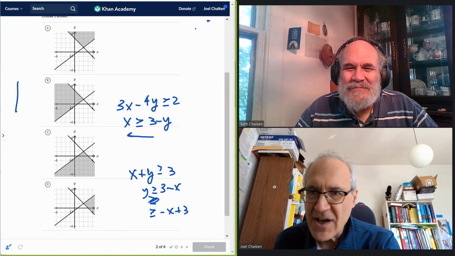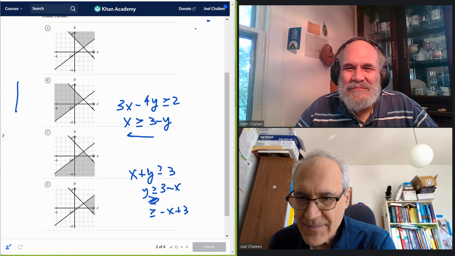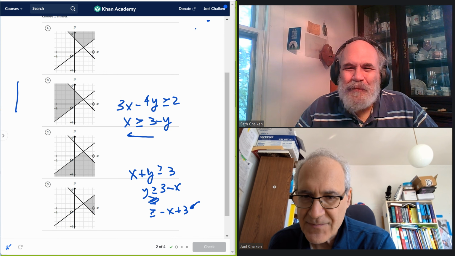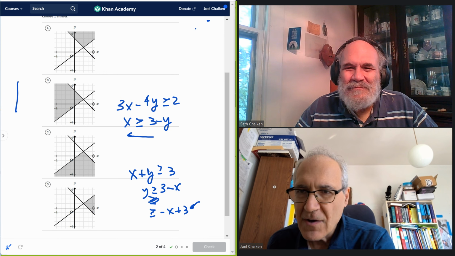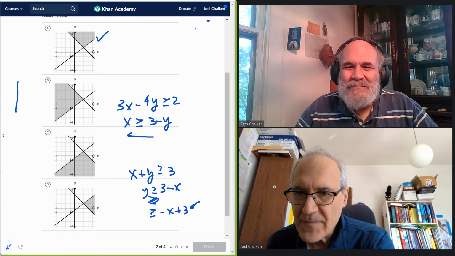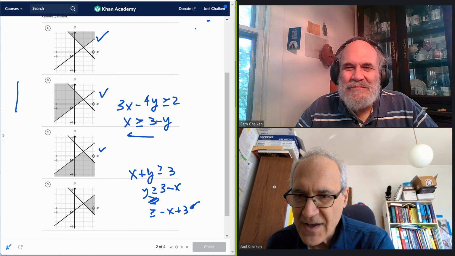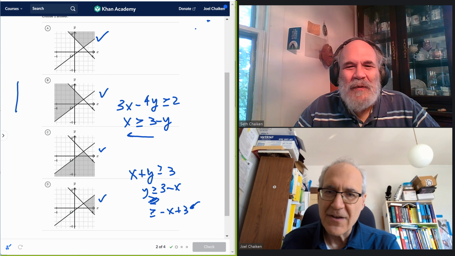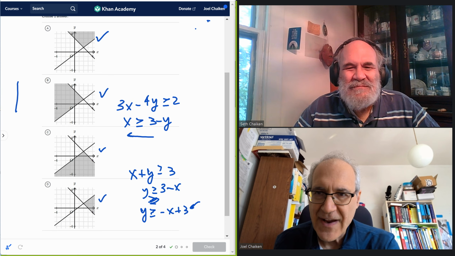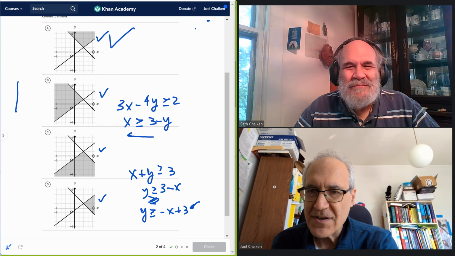So there has to be a line where the y-intercept is 3 and it has a negative slope. Oh my god, they all qualify. But y has to be greater than that. So this is good. This is not. This is not. This is not.